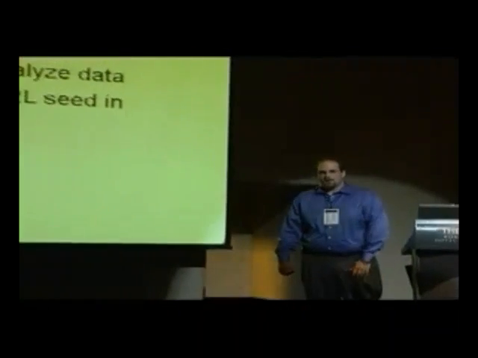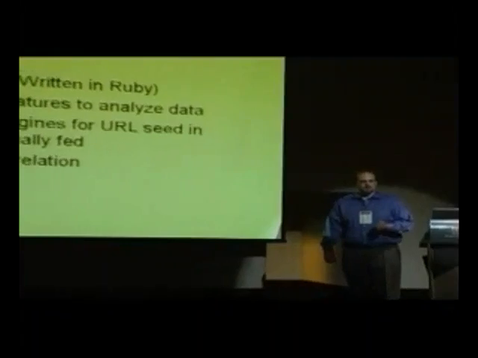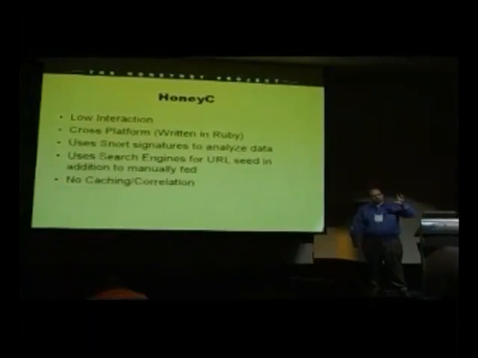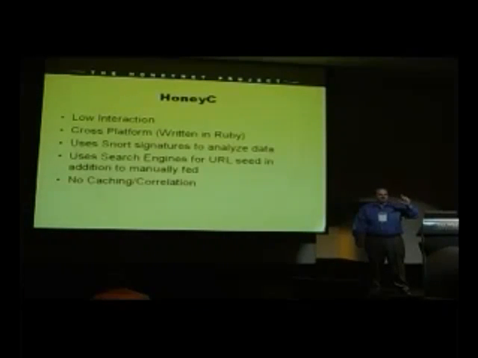Now, HoneyC is a relatively new appearance on the open source stage. It's low interaction, very simple. It basically is doing the wget request that I talked about earlier, but it's doing it in Ruby. So you give it a list of URLs, or a search engine and a keyword. It'll go out there to execute the URL or the search and get a list of that and keep feeding it in there.